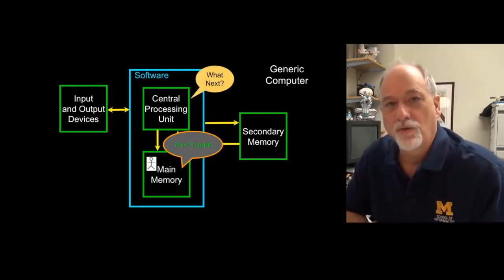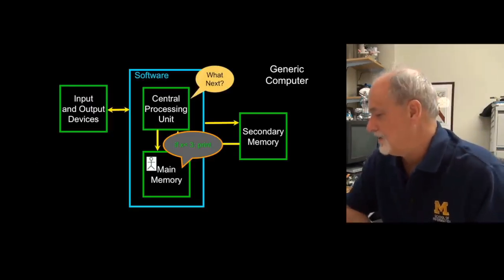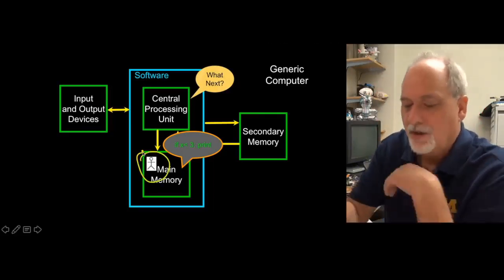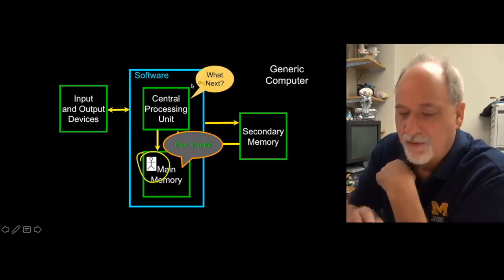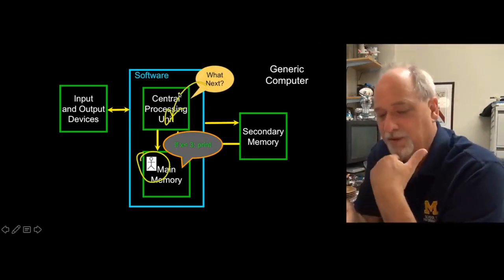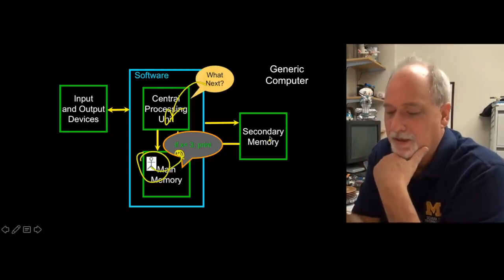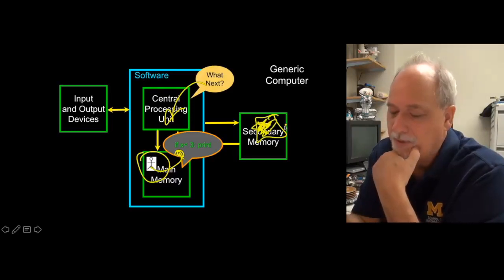And where your place is in here is you live in the main memory. This is you. You are here. In a sense, when the CPU asks the question, what next, it is your job to answer that. And you answer that by writing Python code. You write a file in Python code, and then that Python code gets loaded into main memory.